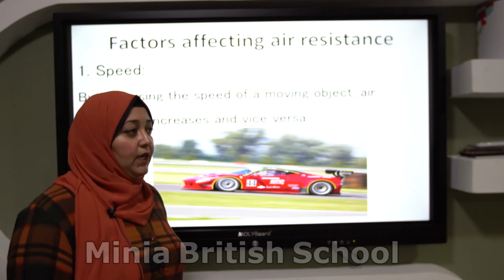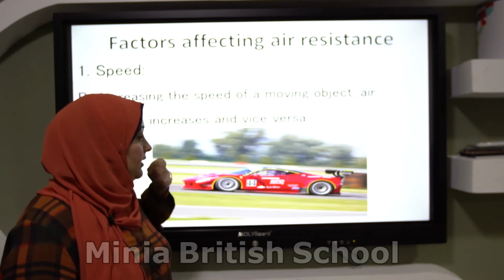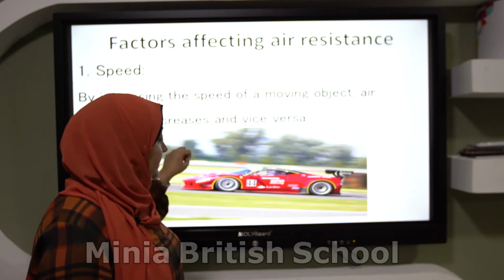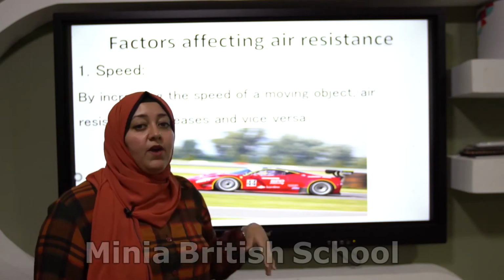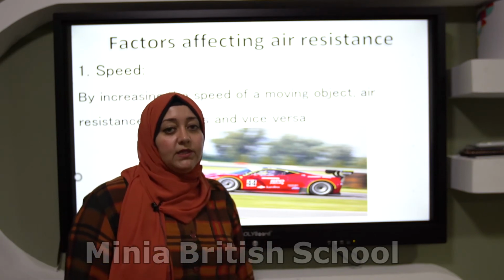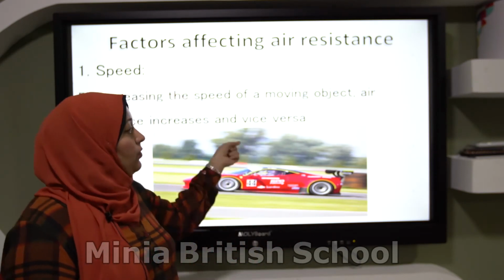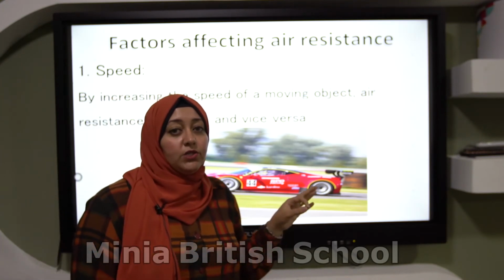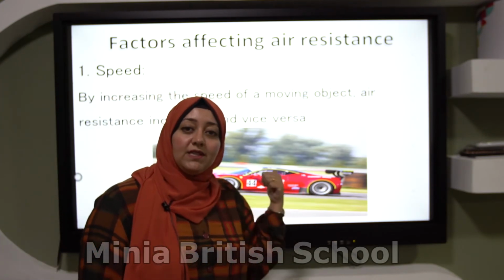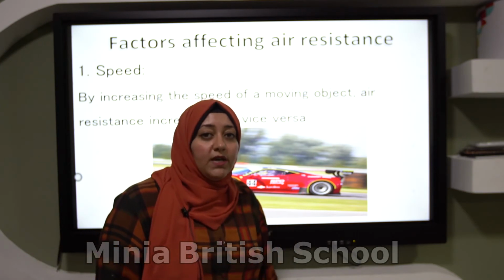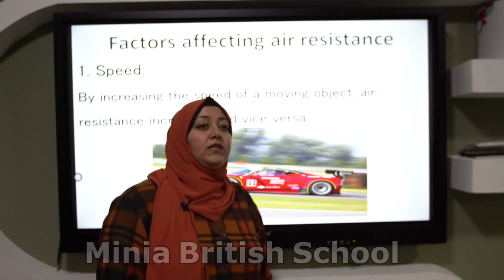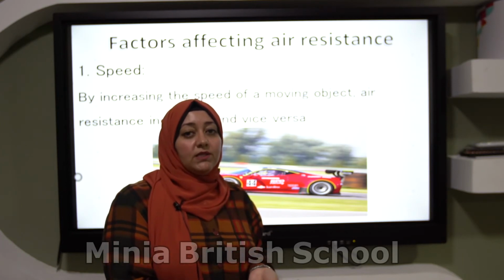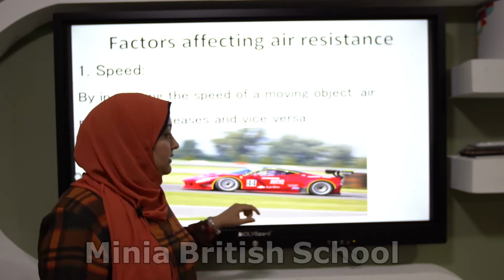If we have, like this car, a very, very big speed, we will have a big air resistance and vice versa. So also there is a direct relationship. Direct relationship means what? When we increase the speed, what will happen to the air resistance? It will increase. And when we decrease the speed, what will happen to the air resistance? It will decrease.